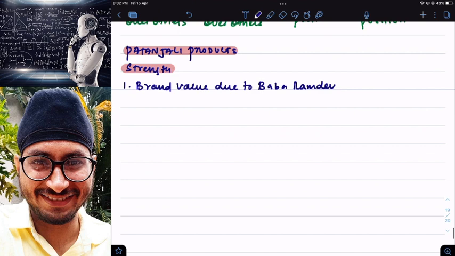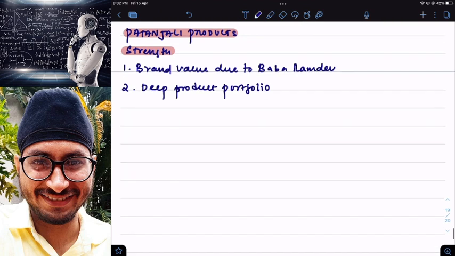Next, they also have a deep product portfolio. Means they have an uncountable number of products in their portfolio. That is one more advantage they have. Next, sir, they have a strong financial position.